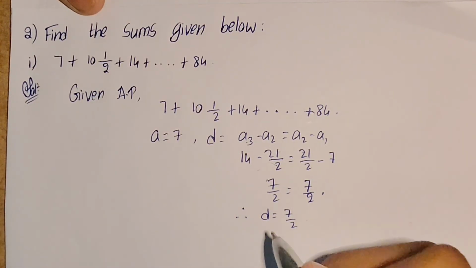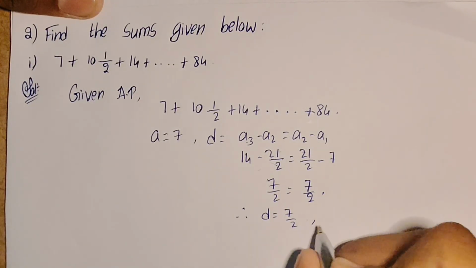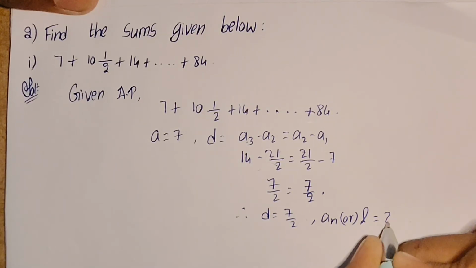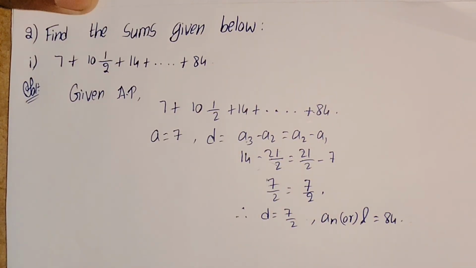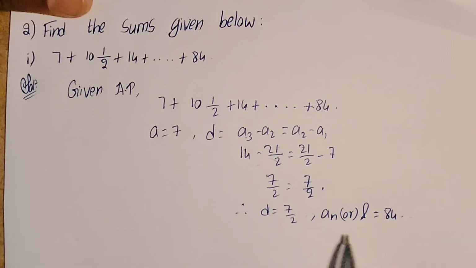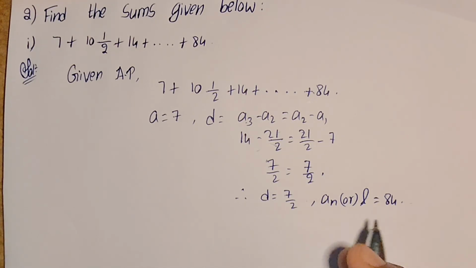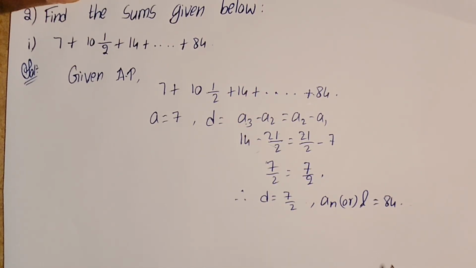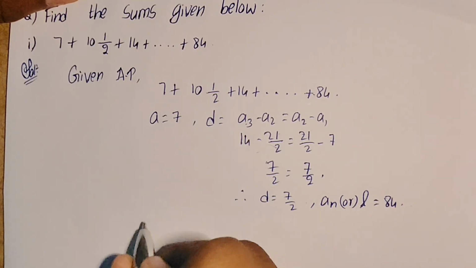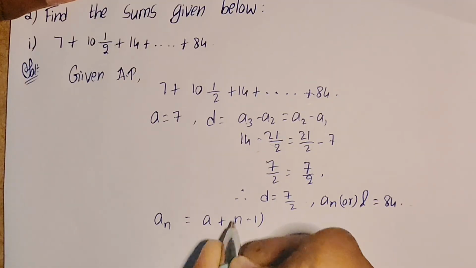We got the value of a and d, and we also know the value of a base n, or this is called l, is equal to 84. So first, we have to know the value of n. To find the value of n, we have to use the formula: a base n is equal to a plus (n minus 1) into d.